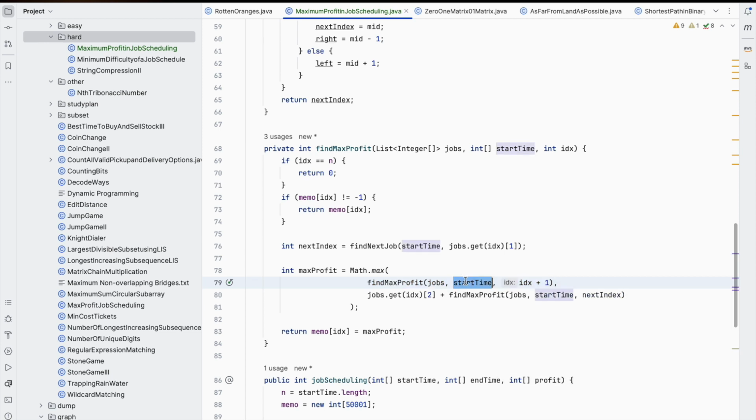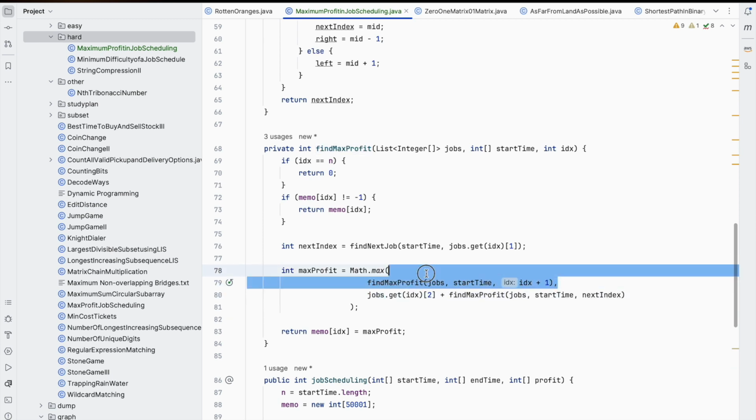Start time is just an array storing all the start times of every job. If we are not considering the first job, there is nothing to worry about. Start considering from the second job onwards.